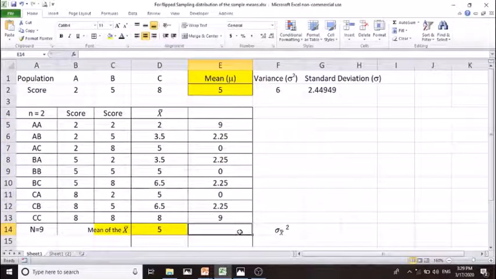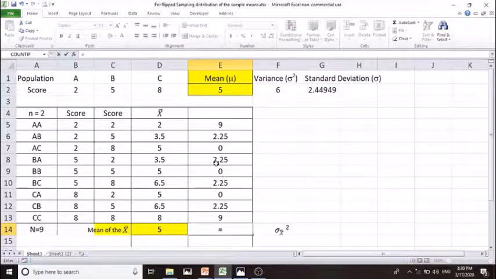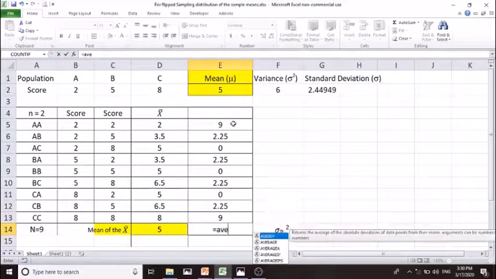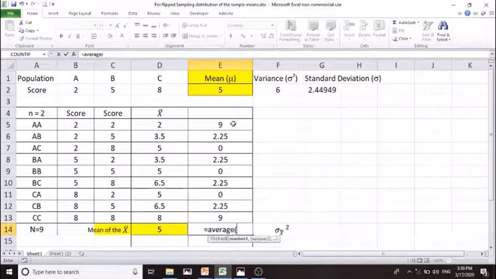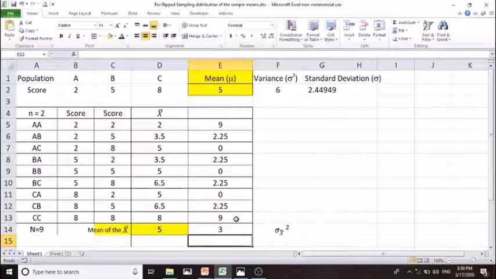The variance of the sample means is the average of the squared distances, so we get the average of these numbers here. And we have 3. So the variance of the sample means is 3.